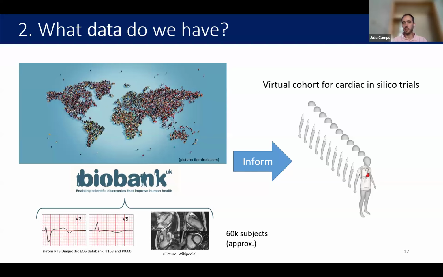From the MRIs, we can capture anatomical variabilities, and from the ECGs, we can capture functional variabilities. And with this, we should be able to create a cohort of virtual subjects in a similar way to how they would be collected for a clinical trial, right? Because they will be different between them, and they will represent the specific distribution of people.